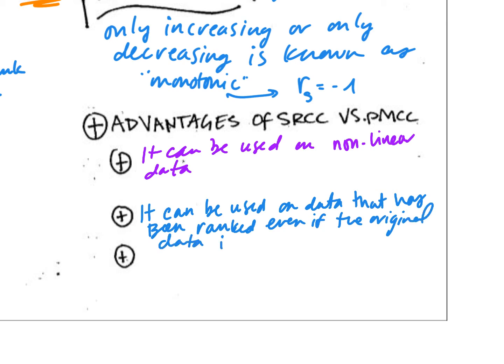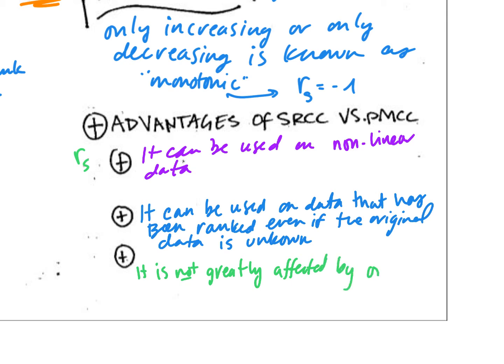Okay, last one. It is not as affected by outliers as Pearson's. So again, talking about R sub S, it is not greatly affected by outliers.